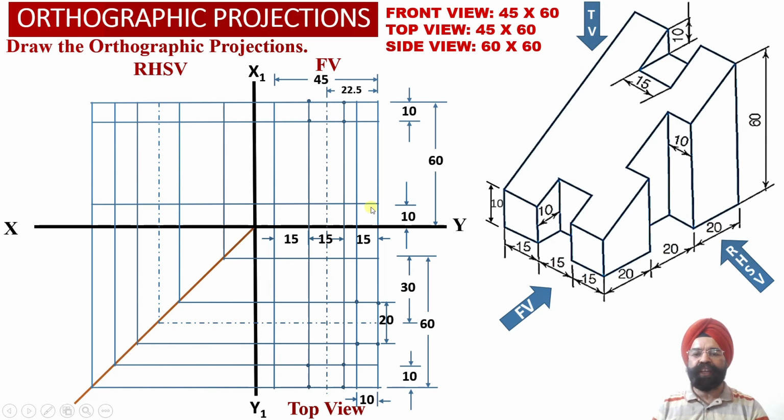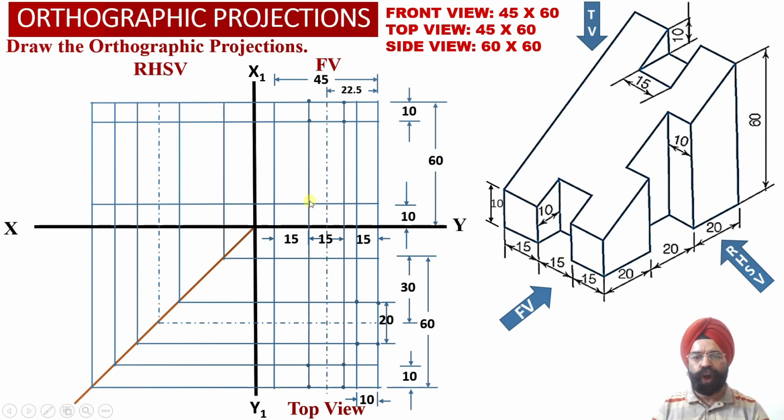Now the moment we draw this horizontal projector line, we can check that automatically we have been able to obtain the true shape projection of this surface of the front face of the solid. Only this surface we have been able to obtain over here.